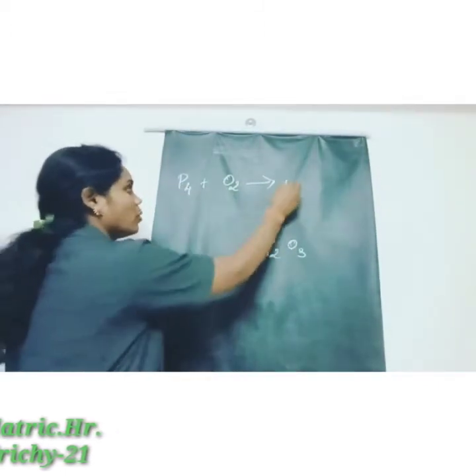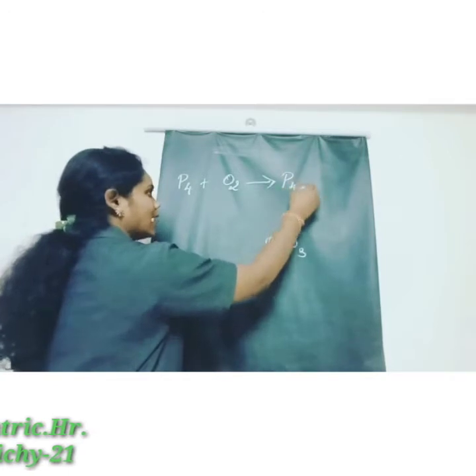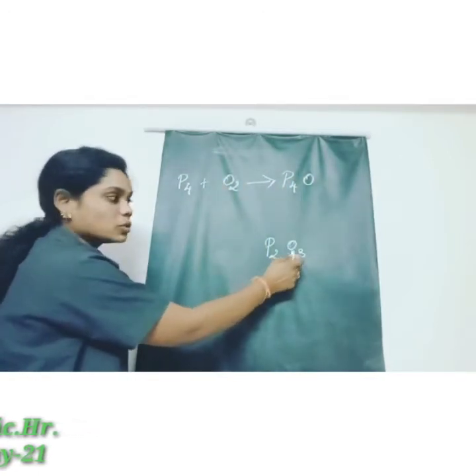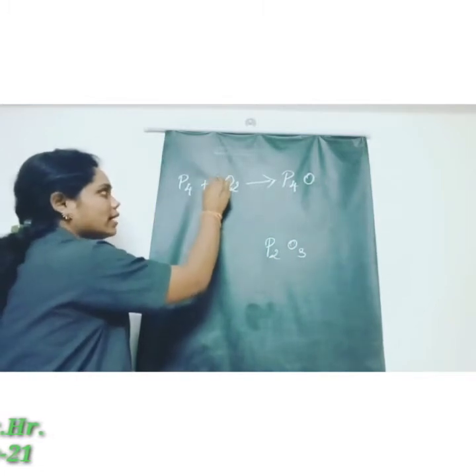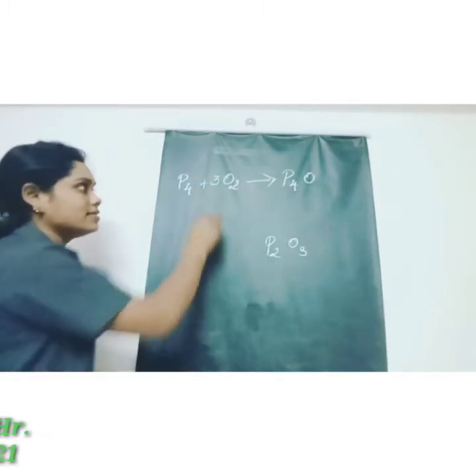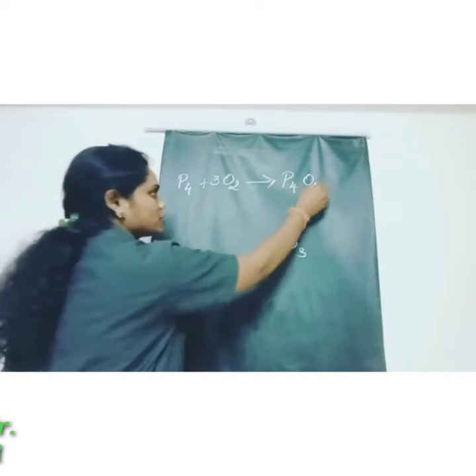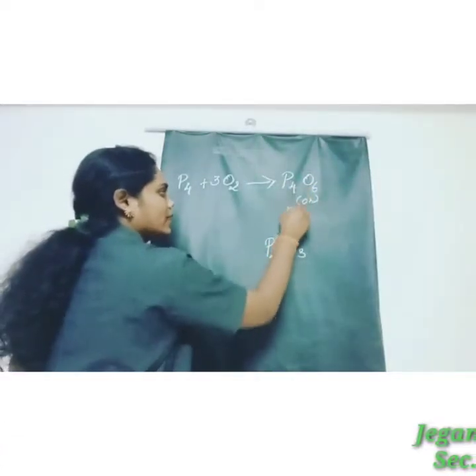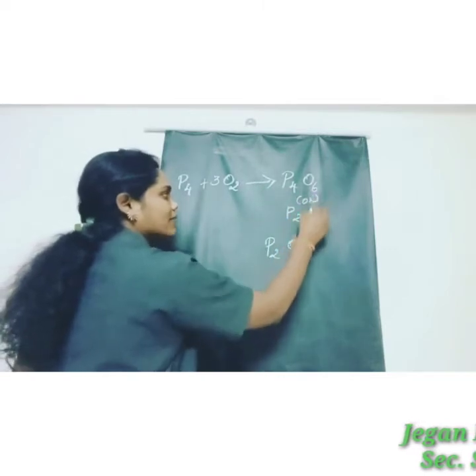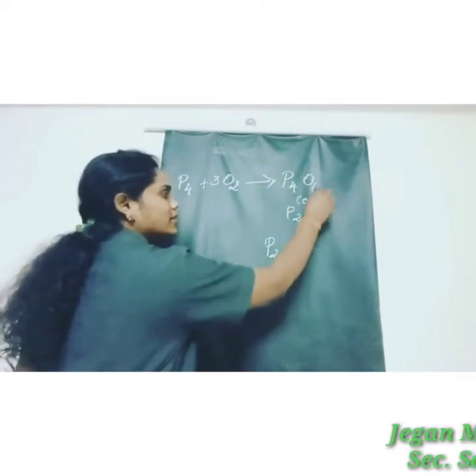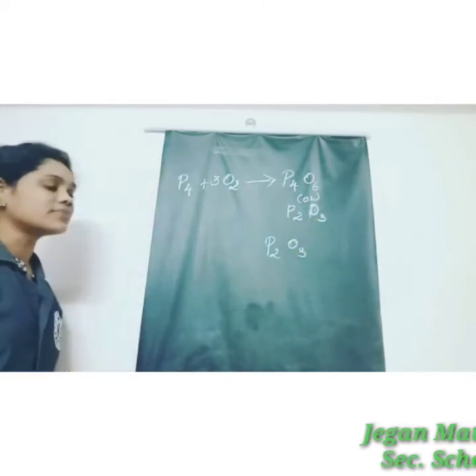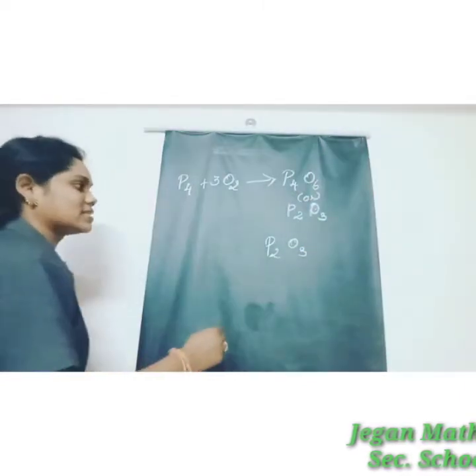But here P4 is taken, and for oxygen, tri means 3 times, so 3 2s are 6, so 6 oxygen. Now you cancel: P 2 2s are 4, so P2, and oxygen 3 2s are 6, so 3 times oxygen. And next, phosphorus pentoxide is formed.